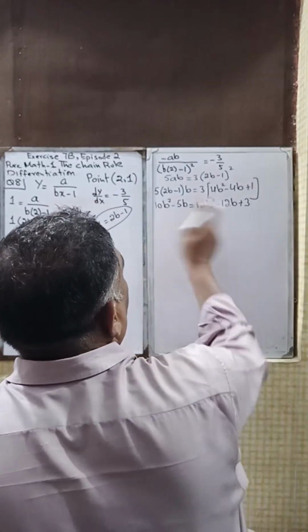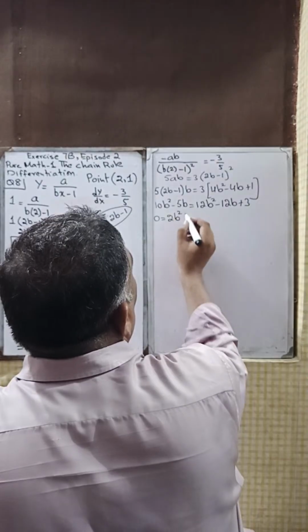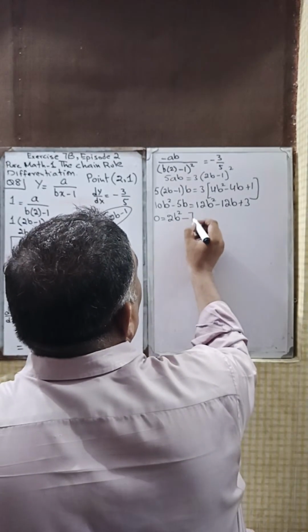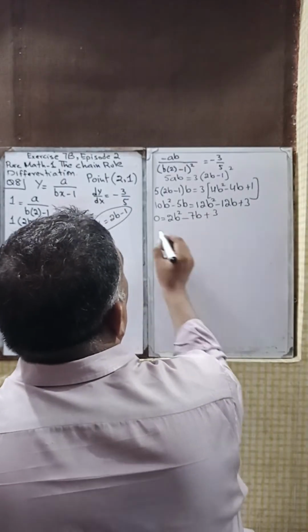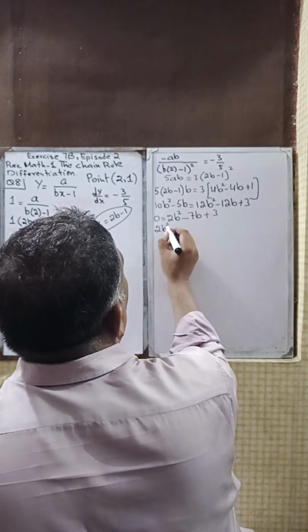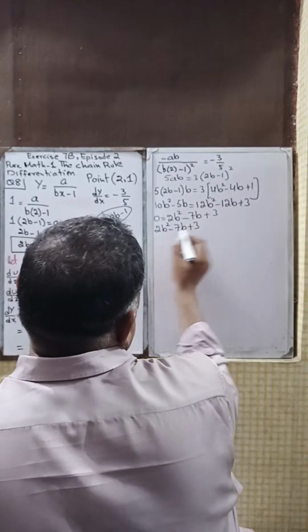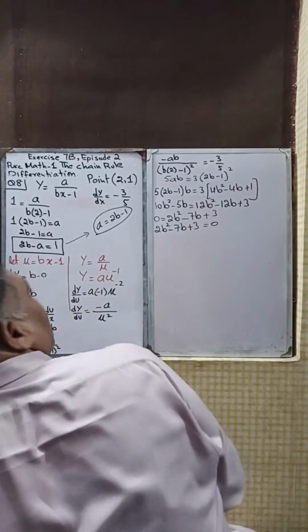Okay, take these to the other side. You will be left with 2b square minus 12b plus 5b. You are left with minus 7b, and then you have plus 3. So this is 2b square minus 7b plus 3 equals 0. We do the middle term breaking.